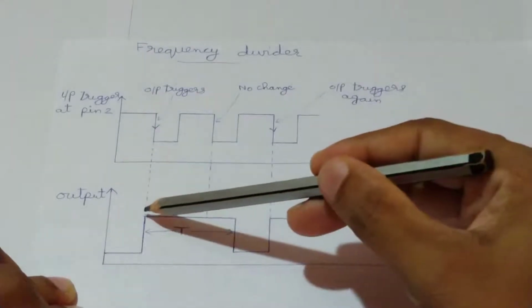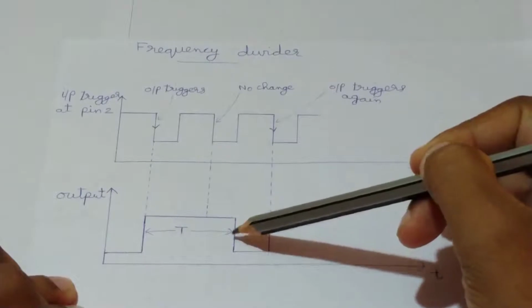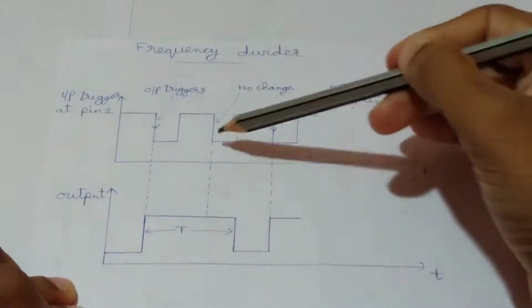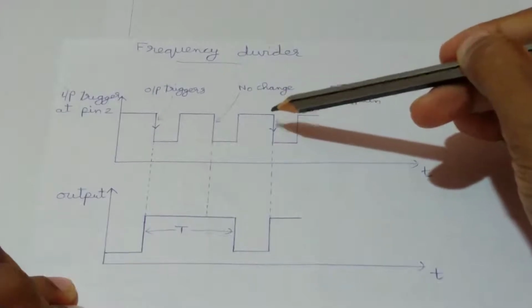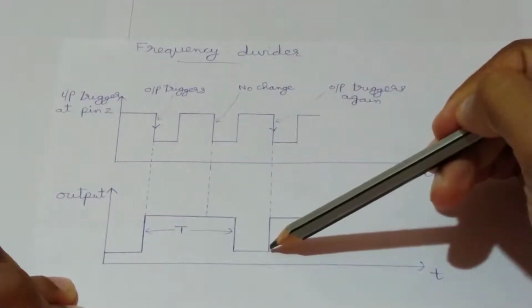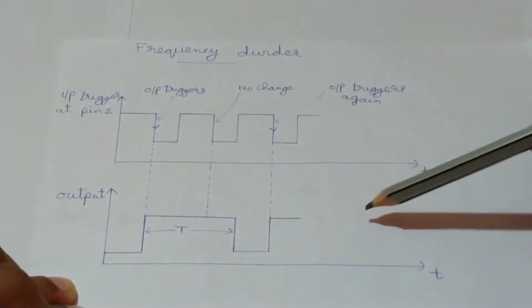Okay, then after that T duration it returns back to its stable state, and here we can see when the third negative edge comes, this monostable multivibrator again triggers and its output changes from its stable state to quasi-stable state.